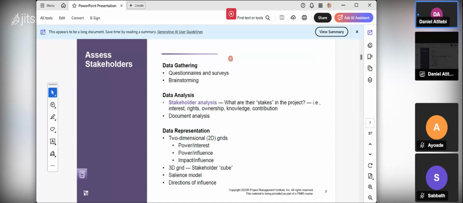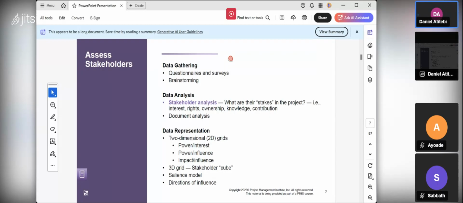You design a questionnaire, or you conduct a survey. A questionnaire is meant for stakeholders who are not within your geographical area. You can send the questionnaire to them online or wherever they are to fill it. It could be an open-ended questionnaire or a closed-ended questionnaire. What is most important is that you want to gather information from them. That's one of the ways you can assess the stakeholders.